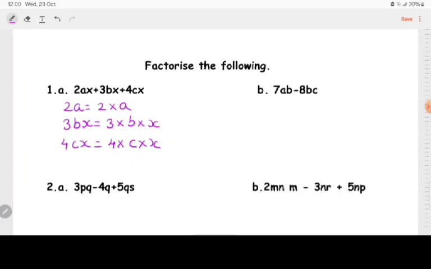So what's common? Let me do it the other way. So 2 into 2 into C into X.